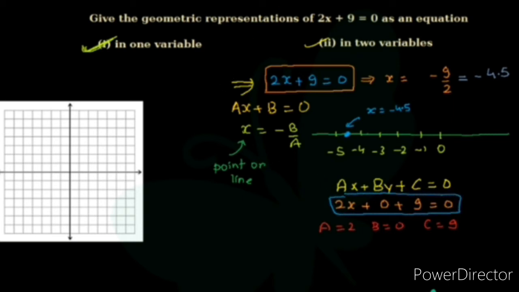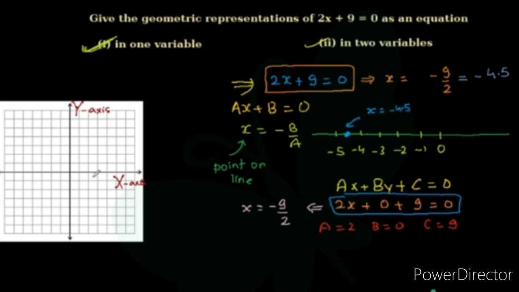Well, in two variables, we know it is actually a Cartesian plane. The x variable being any possible number along the x-axis, the y variable being any number along the vertical y-axis, isn't it? So, we just need to have a very clear understanding of this. If you again solve it for x, we'll get the same thing, minus 9 upon 2, which is nothing but minus 4.5.